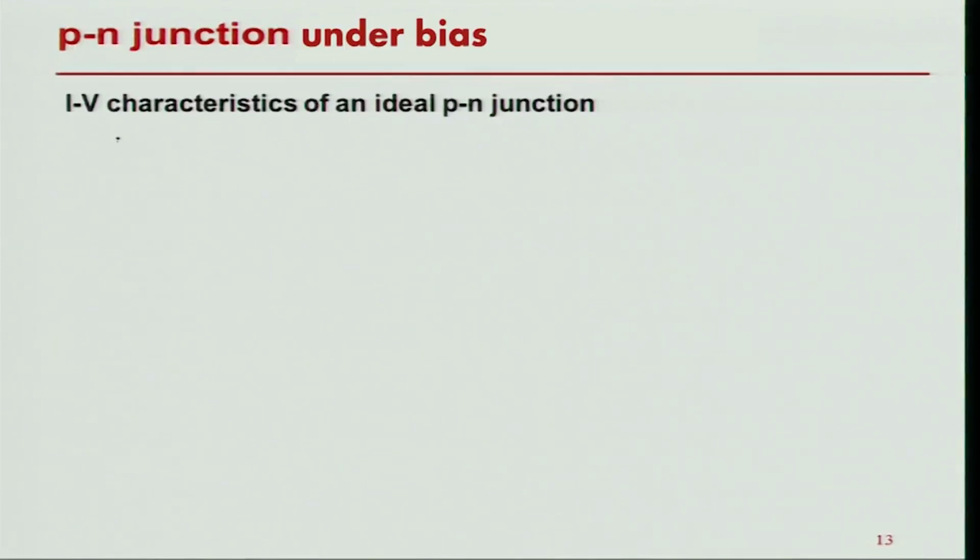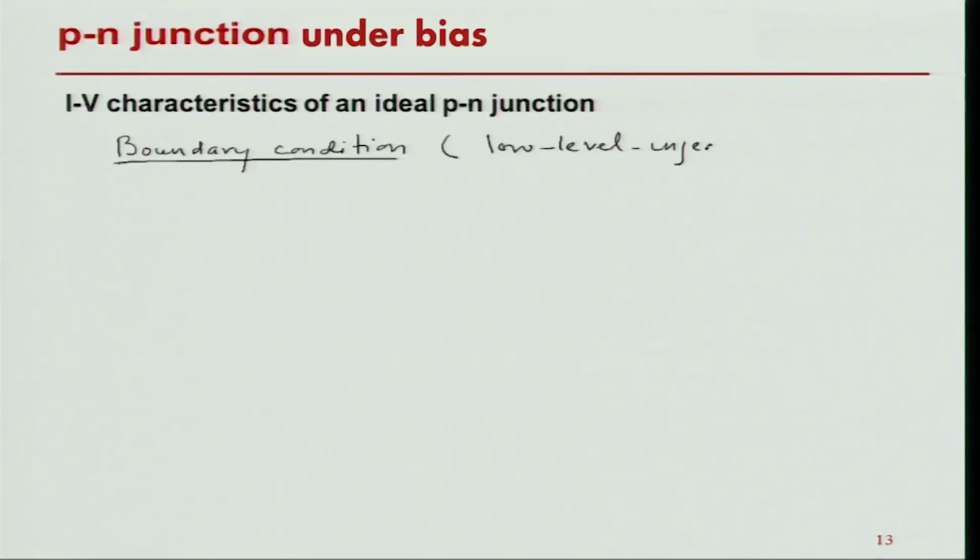In order to do that, we first need to find the boundary condition to solve the second order differential equation. What will be the boundary conditions? And here again we will use that low level injection approximation to say that the depletion region has not really changed too much, and I can use the same expression here.